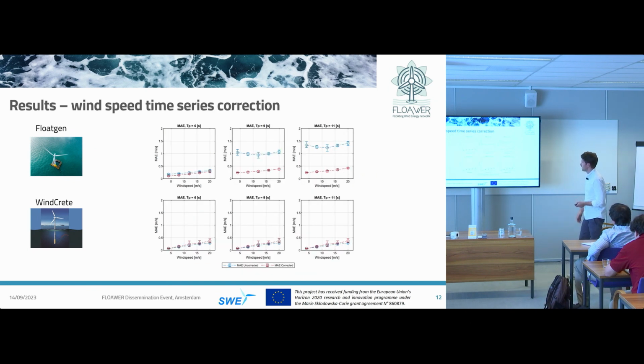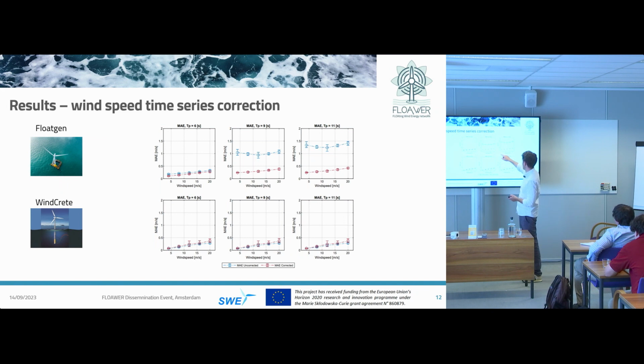And we also see this in the error representation. So this is mean absolute error between the measurement values and the reference. And we see for FlowGen this strong influence here. So we have mean absolute errors in the range of 1 meter per second, or even a bit higher.